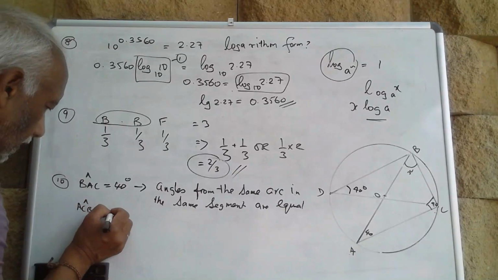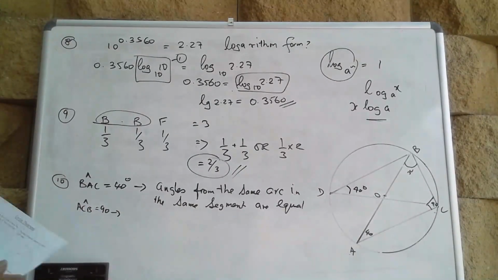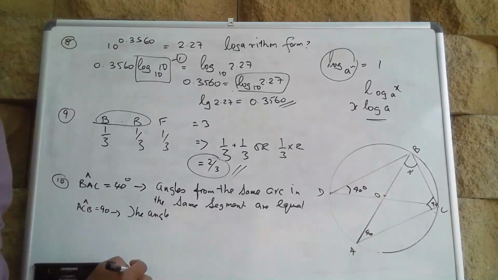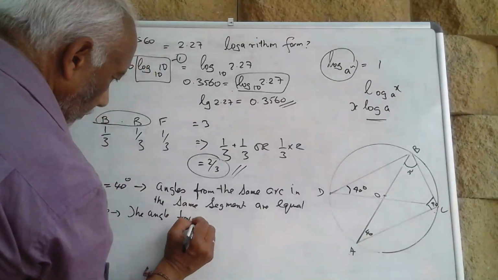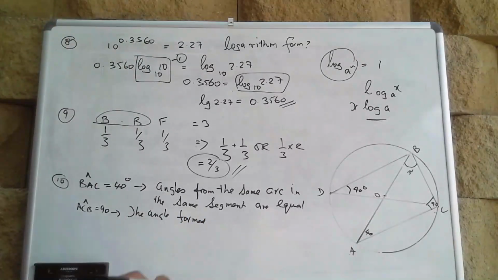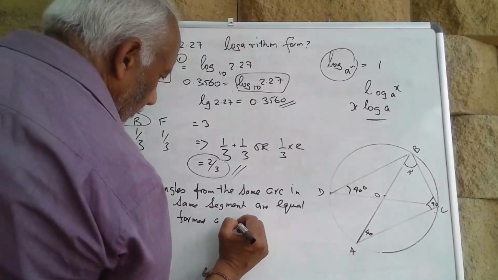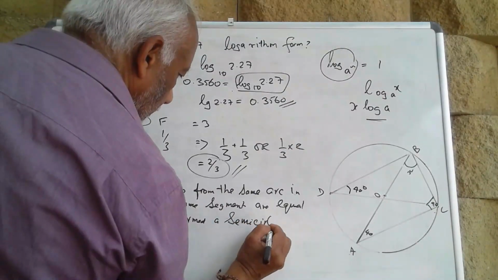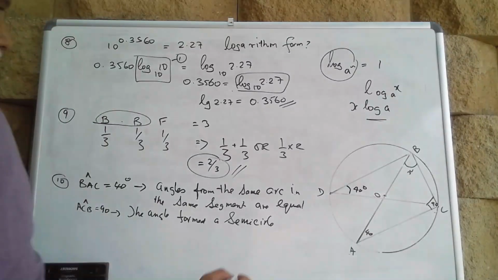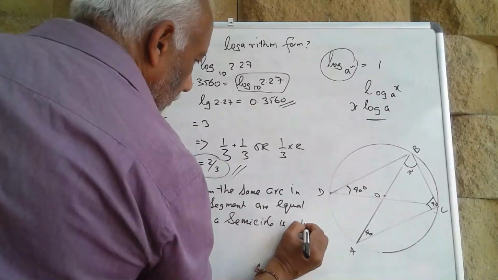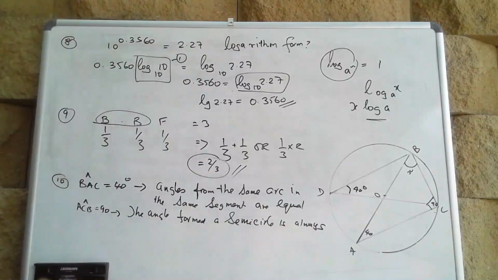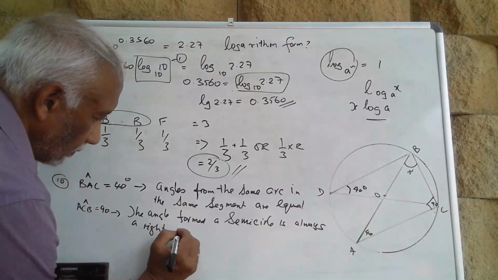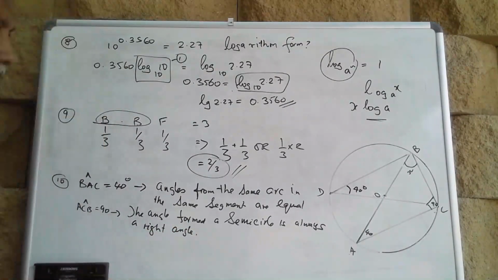Again, the rule is the angle formed in a semicircle is always a right angle. It is 90 degrees. So you can see from here.